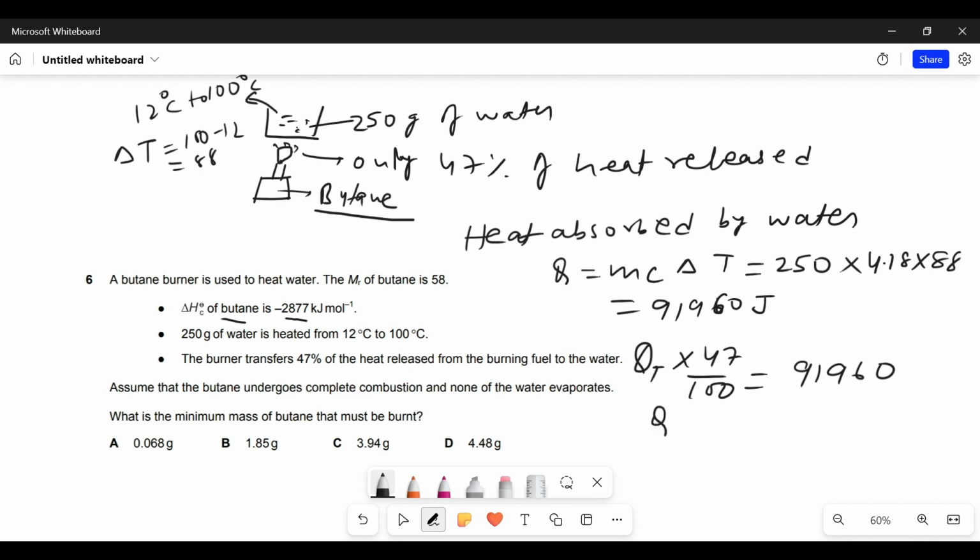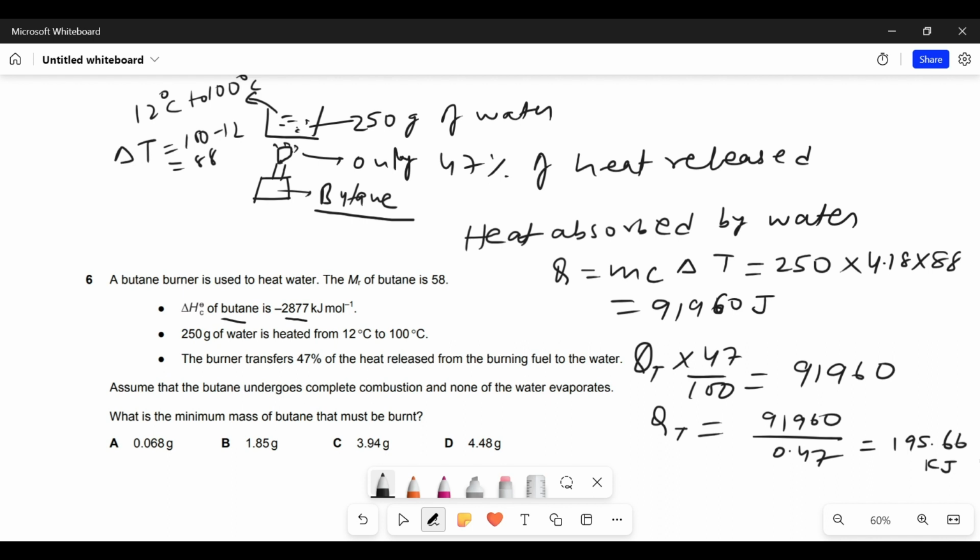So if I calculate QT, it will be 91960 divided by 0.47, which comes out to be 195.66 kilojoules if I convert it into kilojoule. Now this is the amount of heat released by butane, right?